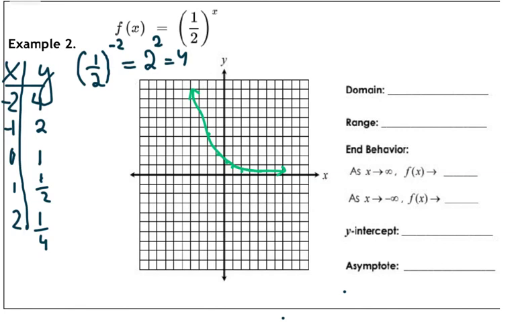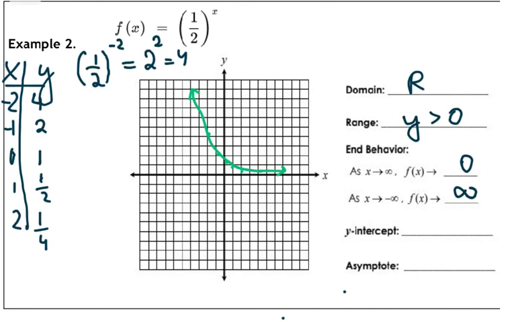As we see, all domain values can be used, so all real numbers. Our range is all of the positive values, so y is greater than 0. And for end behavior, when x approaches positive infinity, our y value approaches 0, and as x approaches negative infinity, y values approach positive infinity.